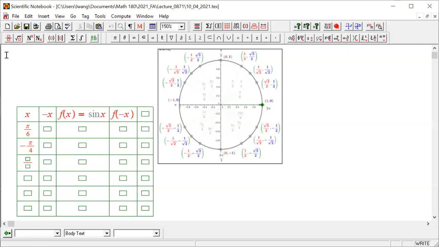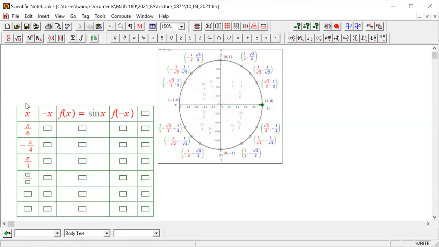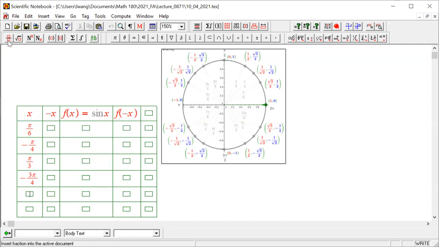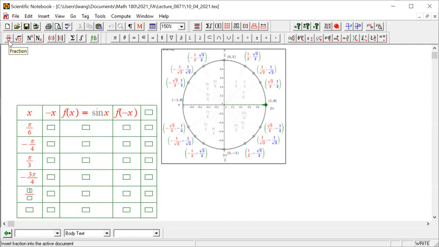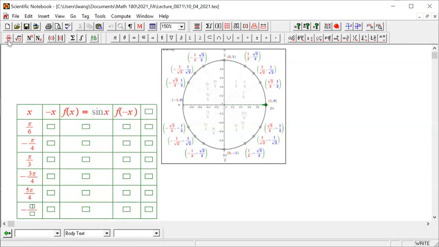Pi over 3, 3 pi over 4, make it a negative, 5 pi over 4, and the next one would be negative 7 pi over 6.